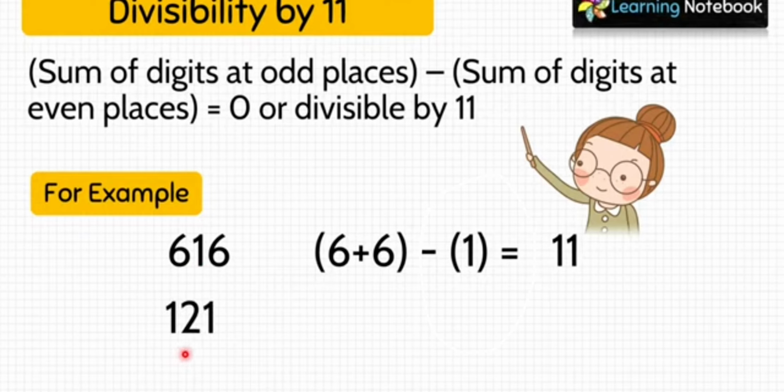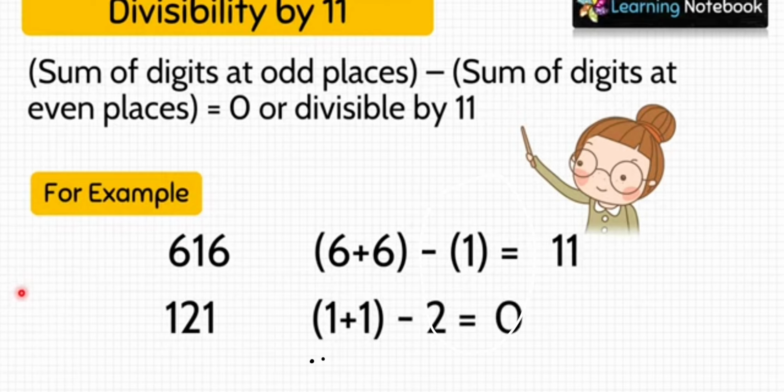Here, the digits at odd places are 1 and 1, and the digit at even places is 2. So, 1 plus 1 minus 2 equals 0. Therefore, 121 is divisible by 11. So, students, these were the divisibility rules from 2 to 11.